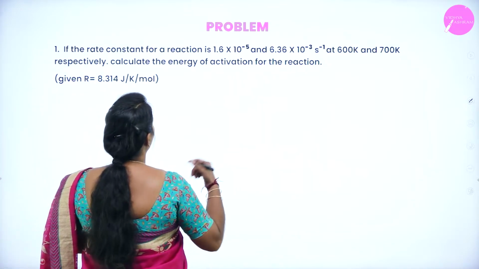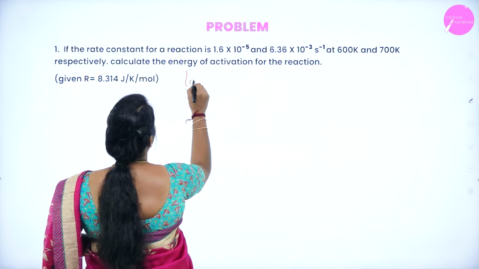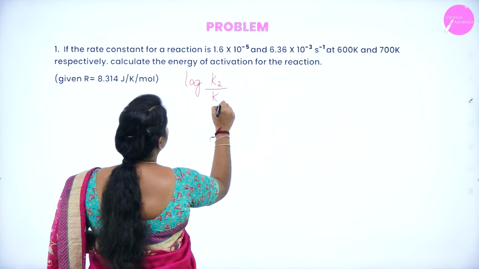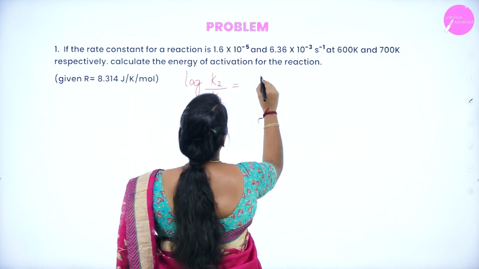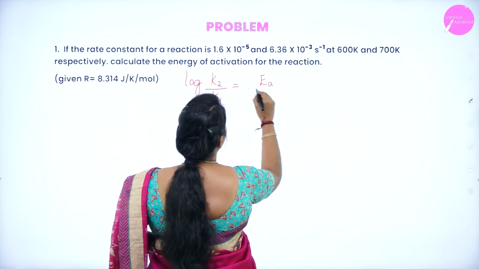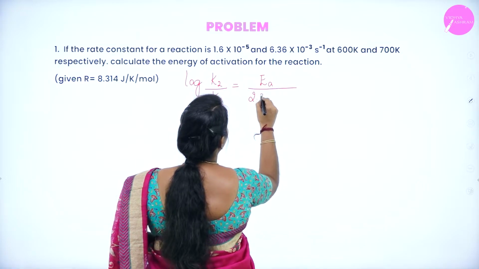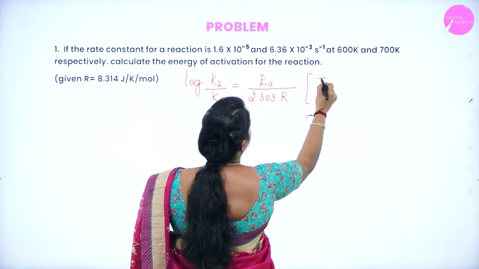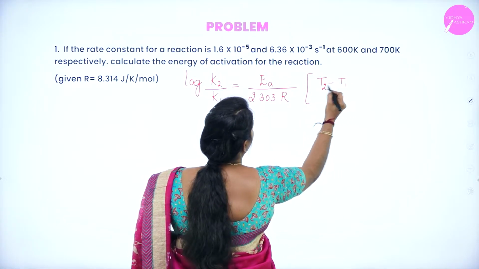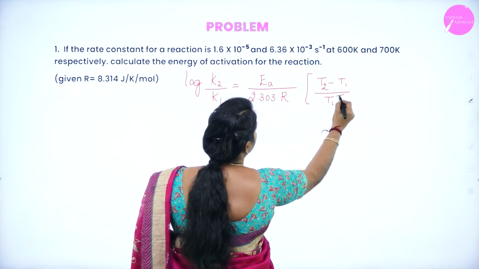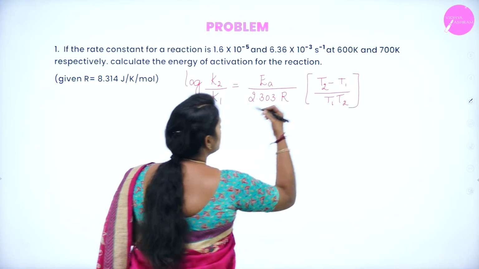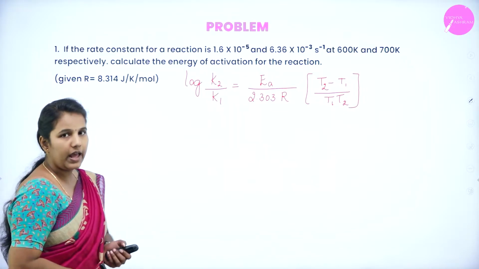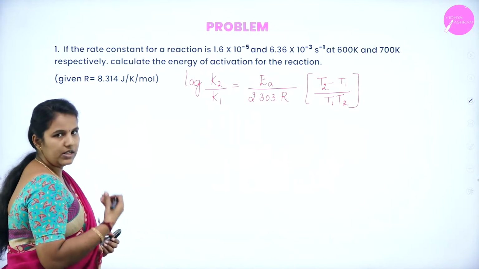We know that the Arrhenius equation tells us that log K2 divided by K1 is equal to Ea divided by 2.303 into R into T2 minus T1 divided by T1 into T2. This is the Arrhenius equation we have already learnt. Now they have given the temperatures.